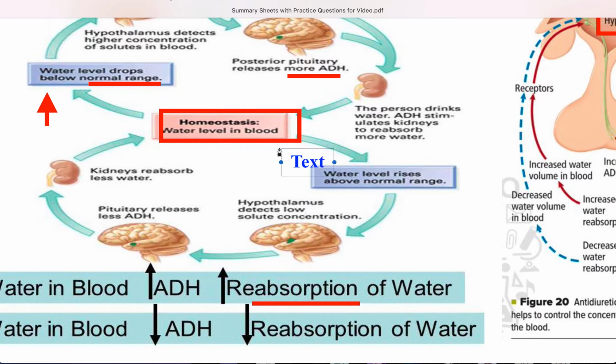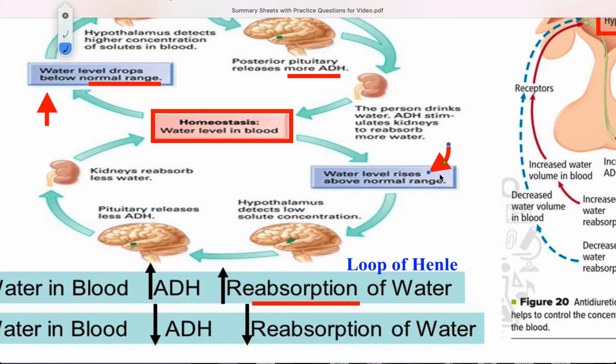And boys, let's link it to the next topic, the excretory system. You remember this step is one of the steps in production of urine. There is reabsorption that takes place in the loop of Henle. If you remember, the reabsorption takes place in the loop of Henle. So then the water level comes back to normal. But in case the water level rises, you have more water in your body than you need, in that case you produce less ADH, and then your kidneys absorb less water.